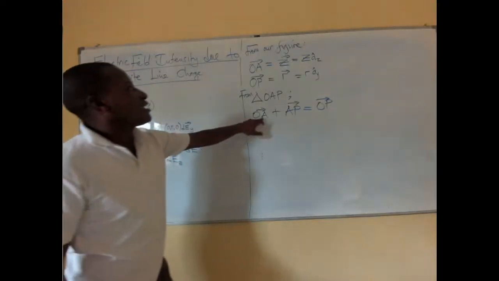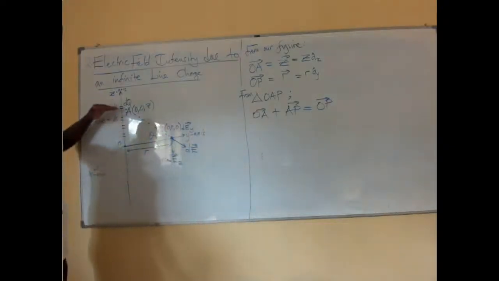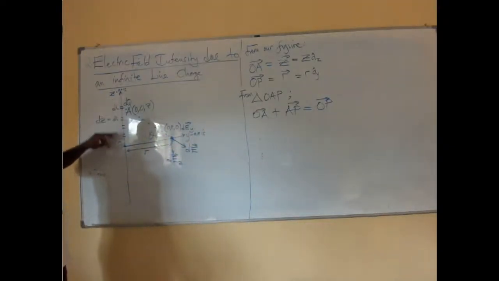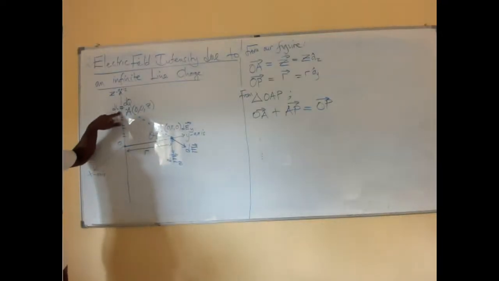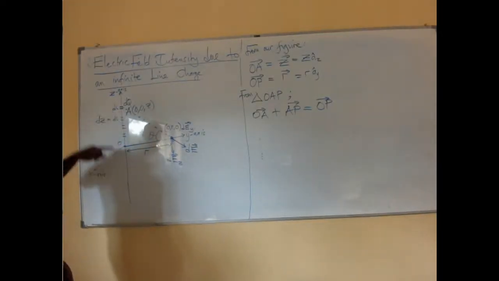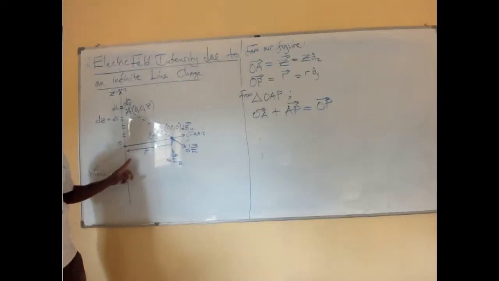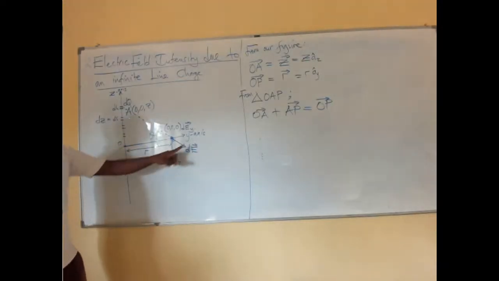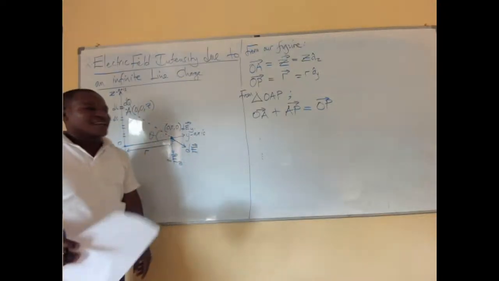So OA, we have said, is the same as the magnitude of the displacement in the Z direction, which we can call Z as a vector, which is the same as the magnitude of Z multiplied by the unit vector AZ in that direction. Then OP, we have defined it as R, which is the maximum displacement in the Y direction multiplied by the unit vector A1.